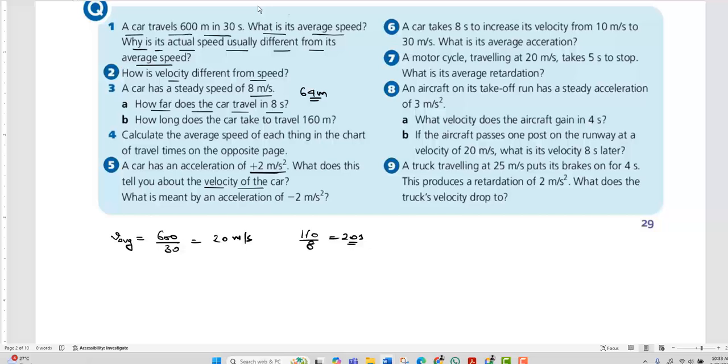So for your case, if I just want to tell theoretically that the acceleration is 2 meters per second square, what does this tell you about the velocity of the car?